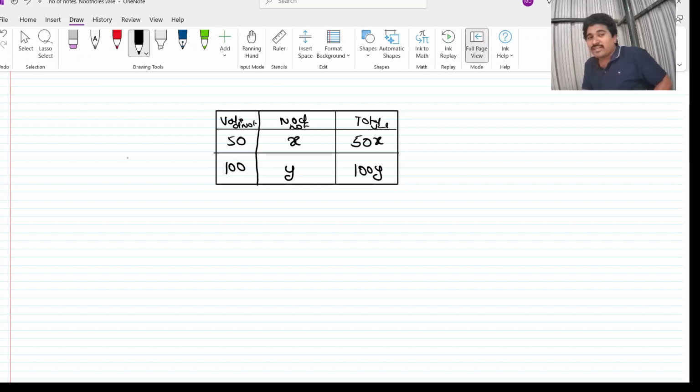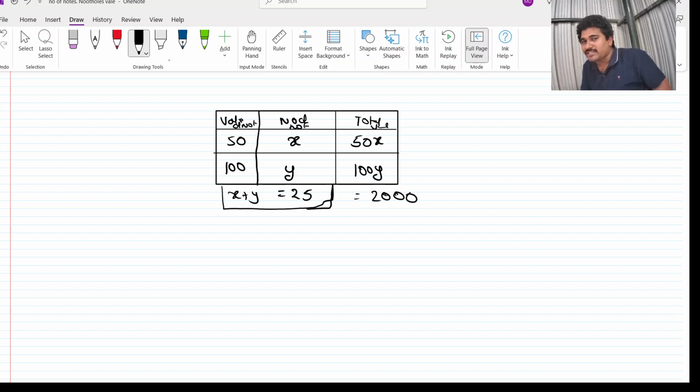Correct? Look carefully: if you add the number of notes you will get the total, right? How much did they mention? 20. That means X plus Y is 20. Adding the total values, what will you get? Total value only, right? How much is that? 2000.